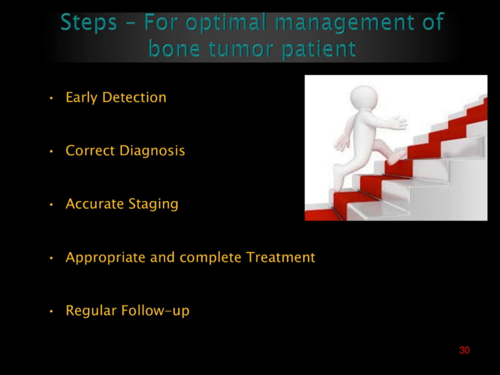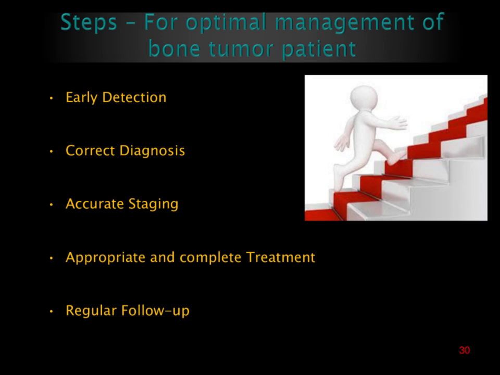Now, there are a few steps that are necessary for optimal management of a bone tumor patient. Most important is early detection. This mainly depends on the patient, that is, how soon he reaches the doctor, and of course depends on the doctor, how soon he realizes that there is a problem with this patient which needs thorough evaluation.